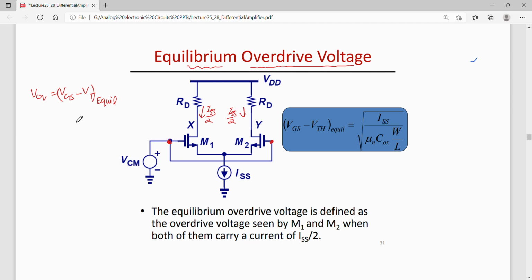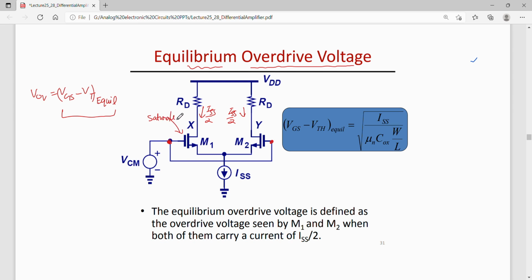That is, this equilibrium overdrive voltage is the voltage seen by M1 and M2 at the input, okay, which causes this tail current to flow equally in these two transistors. That is, half of the current flows through M1 and half of the current flows through M2.